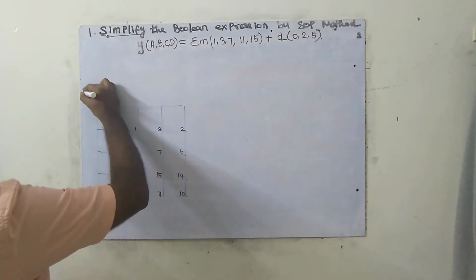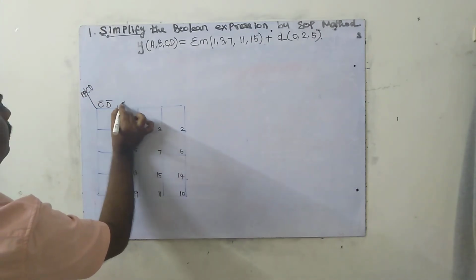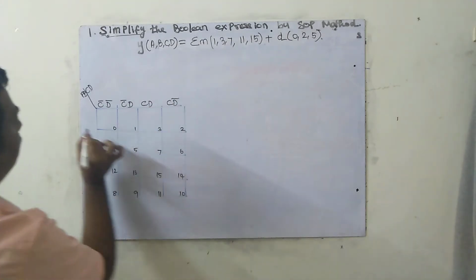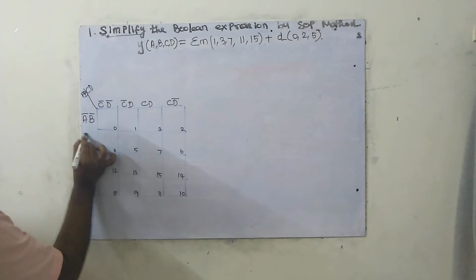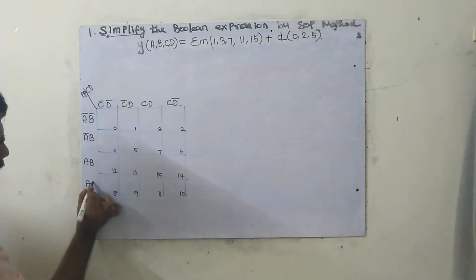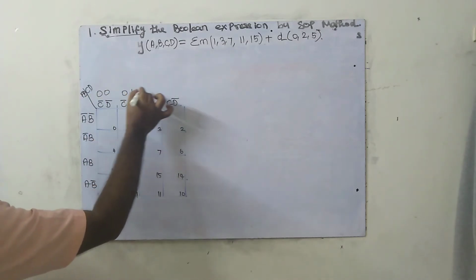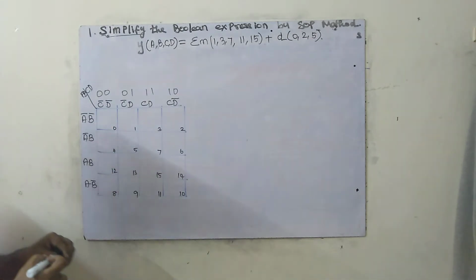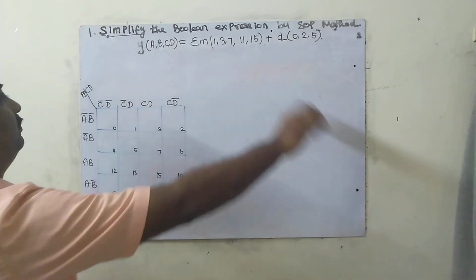This is AB, this is CD; C bar D bar, C bar D, C D, C D bar; A bar B bar, A bar B, A B, A B bar. I think you remember all those things. This is 00, 01, 11, 10. Similarly here. Don't write this; directly we will write this equation, that will be easy for us.